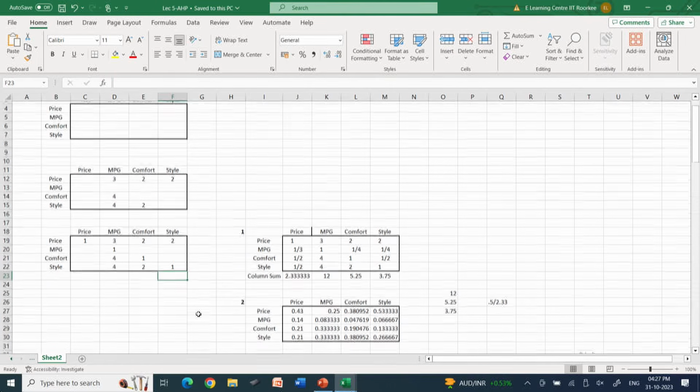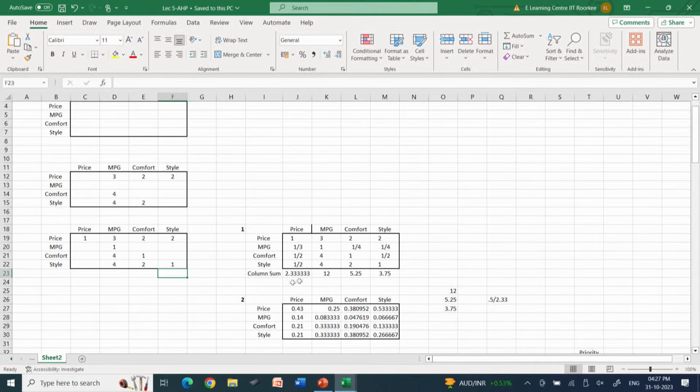Okay. So, after entering this, now you see, for example, when you compare price and miles per gallon it is 3. If you compare miles per gallon versus price, it should be the inverse of that 3, so it will be 1 by 3. If you compare price versus comfort, it is 2.